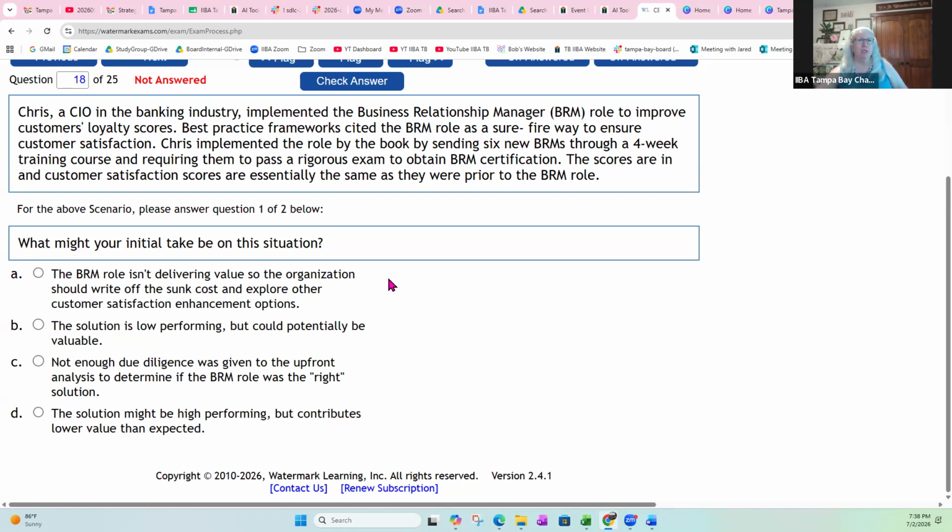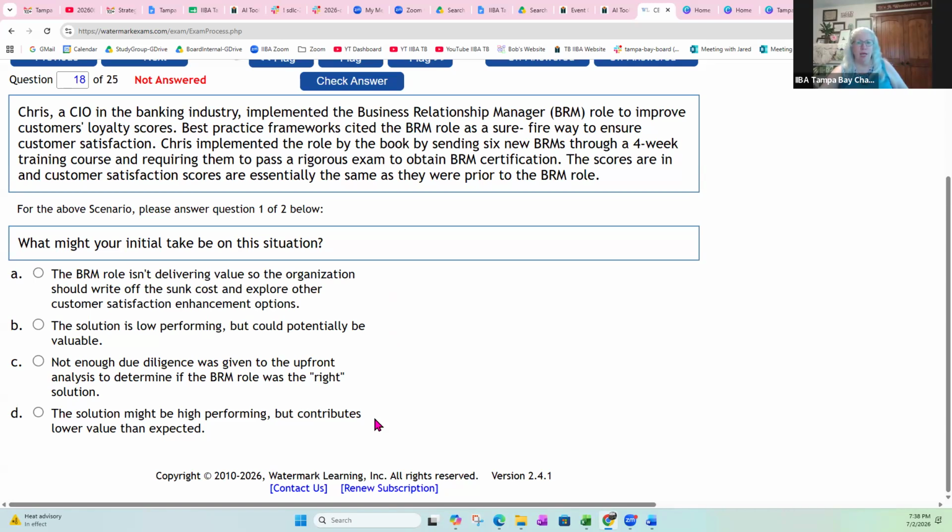The BRM role isn't delivering value, so the organization should write off the sunk cost and explore other customer satisfaction enhancement options. The solution is low performing, but could potentially be valuable. Not enough due diligence was given to the upfront analysis to determine if the BRM role was the right solution. The solution might be high-performing but contributes lower value than expected.